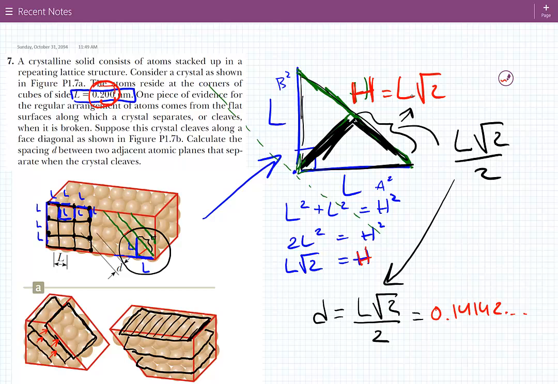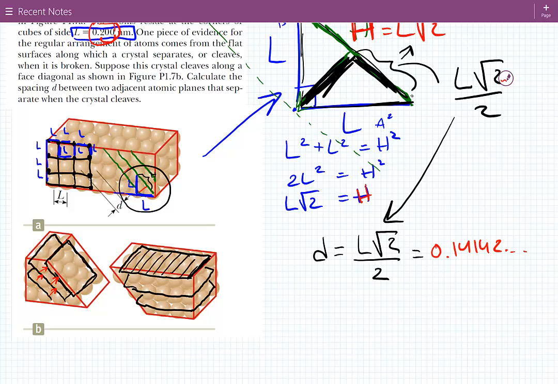So we need to make sure we answer in the same way. So our final answer would be d equals 0.141, and I will not round the 1 up because the number after it is less than 5. So our final answer, 0.141 nanometers, and we're done.